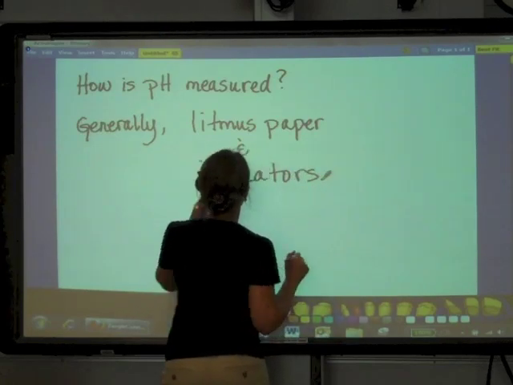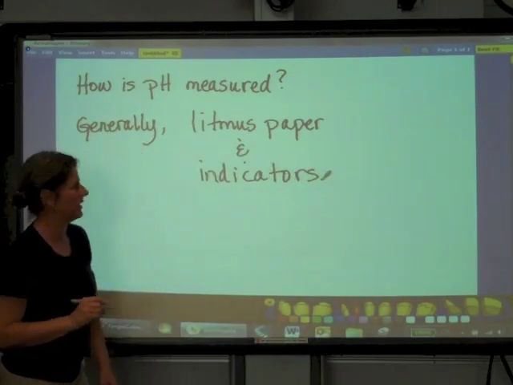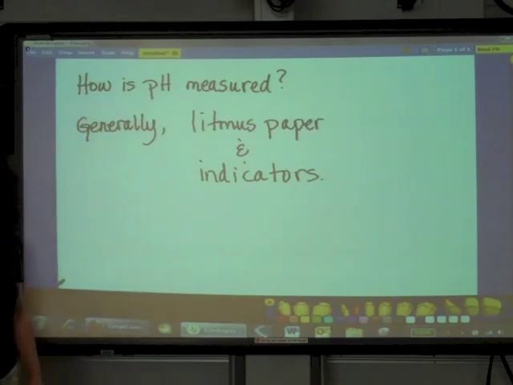And actually litmus paper does have a chemical indicator embedded in it.